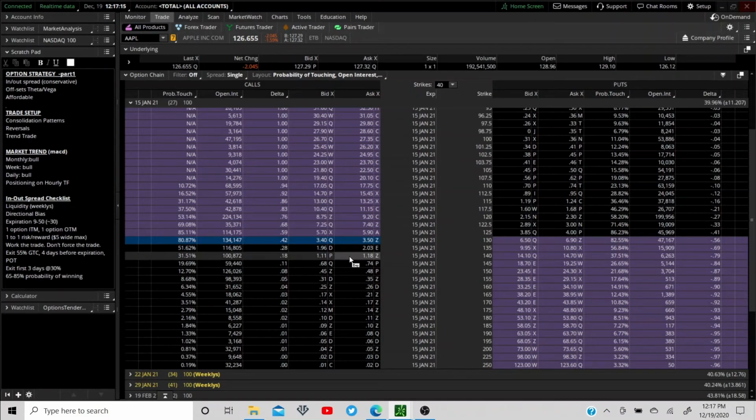So do you have $730 to spend on one option? If you have a $2,000 account, that's taking up a big chunk. So the in-out spread will actually take that price and minimize it substantially. And we'll look into those prices as we go through these examples one-on-one.